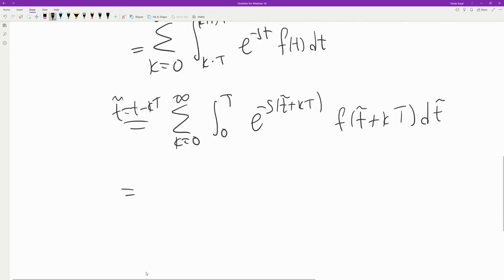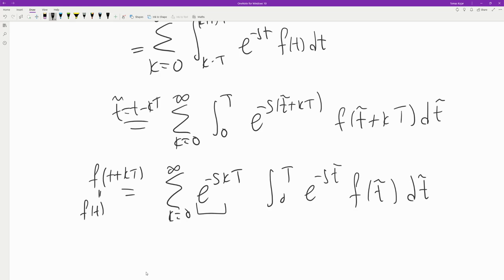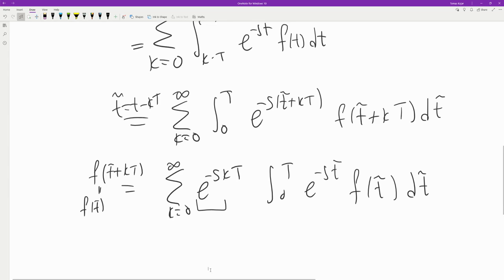Let's bring out the exponential and use periodicity. Okay, so we brought out the exponential term. And that's it.